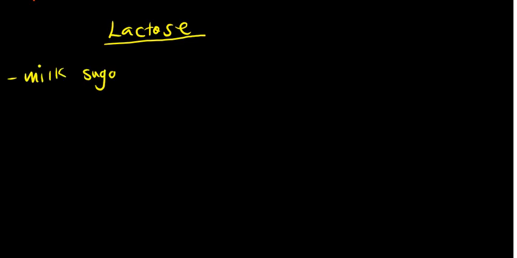Lactose is milk sugar. So this one is composed of galactose and glucose. So when you join these monomers, galactose and glucose, you're going to come up with what we call lactose, which is a disaccharide.